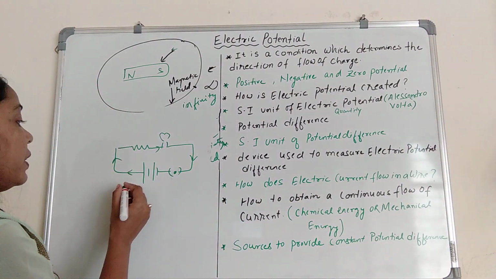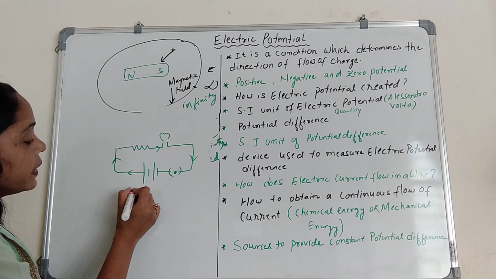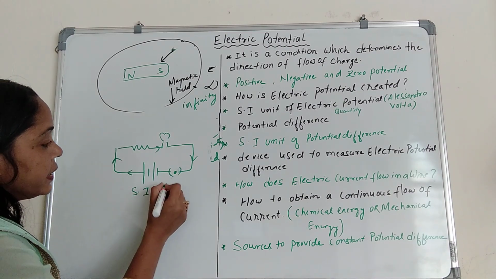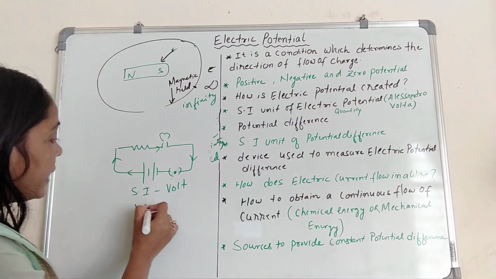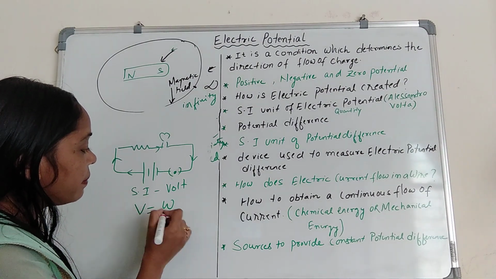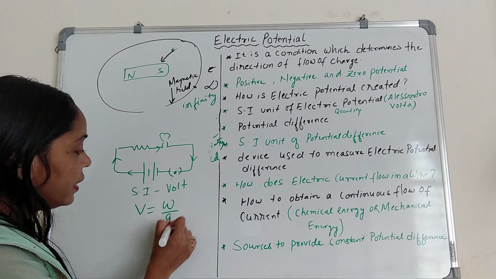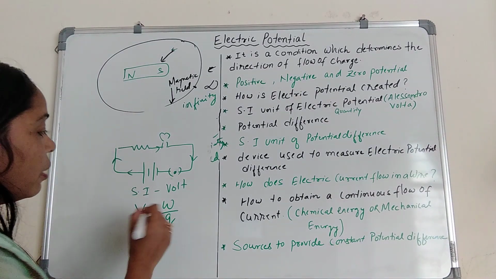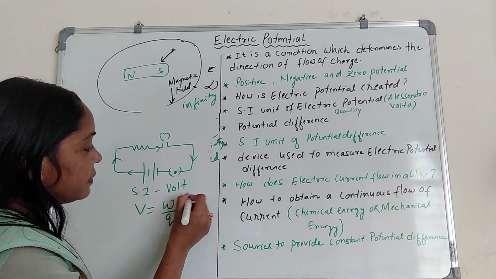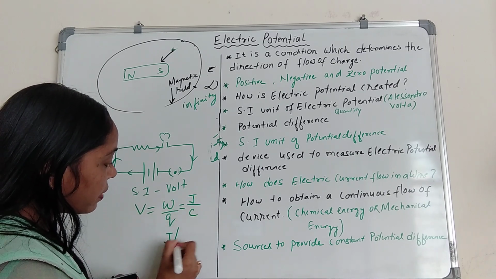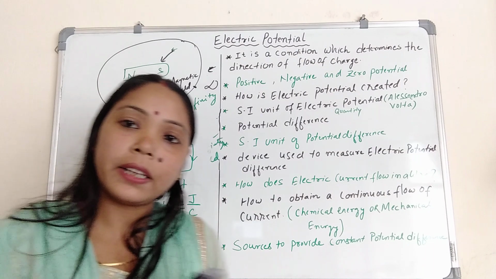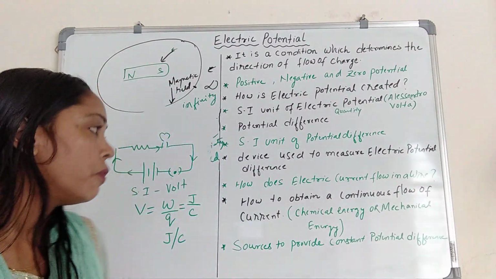So the SI unit of electric potential difference is again the same. It is the volt. Even the symbol and the expression are the same, that is W by Q. Work done is measured in joule and charge in coulomb, so we can also write it as joule per coulomb, and joule per coulomb is the volt.